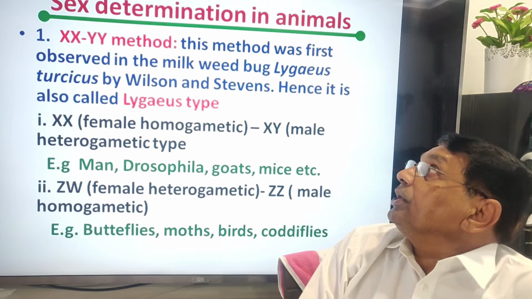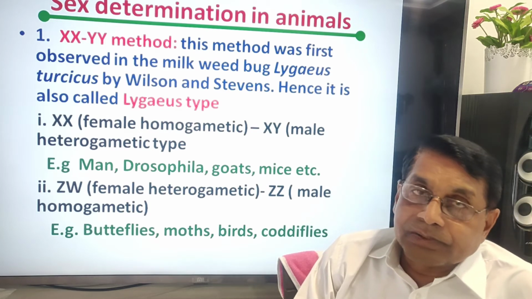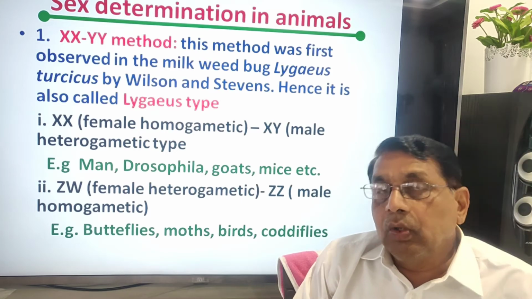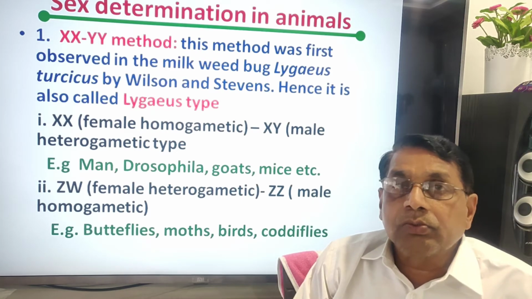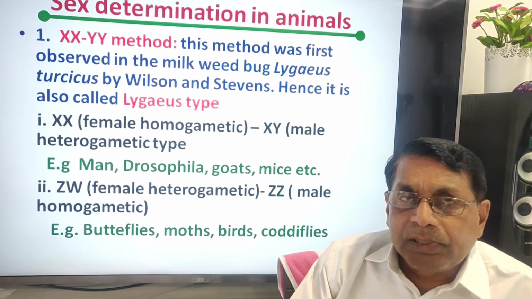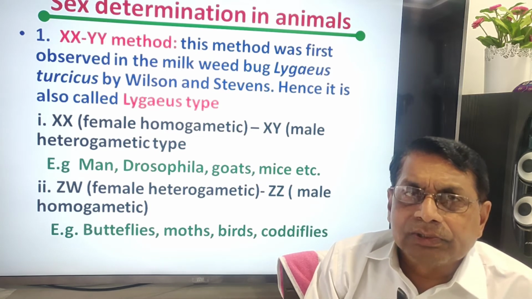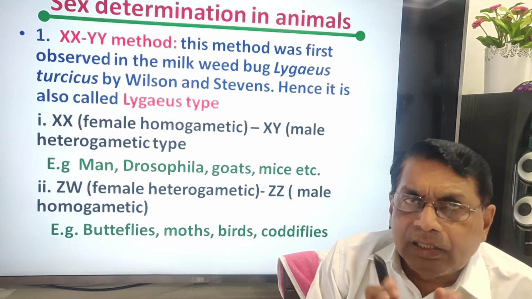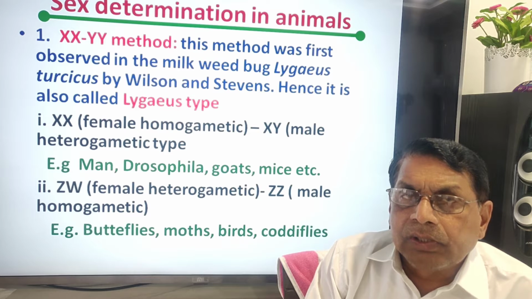Sex determination in animals: right from the lower animals to higher animals, human beings, sex is determined, but in different ways. Sex determining chromosomes are different, alleles are different.